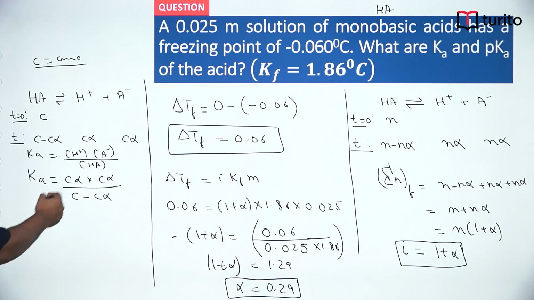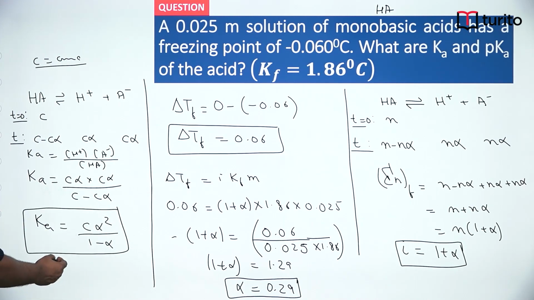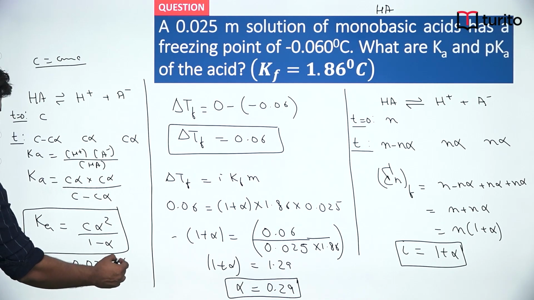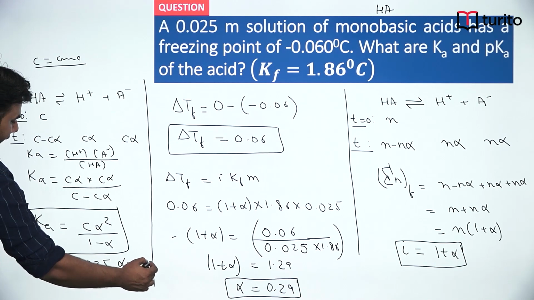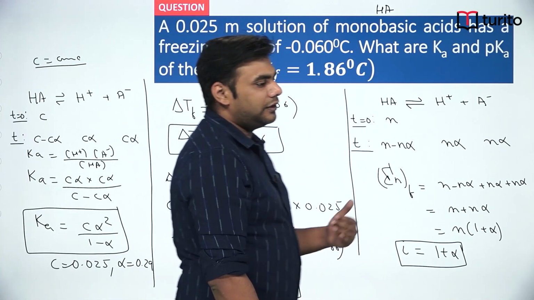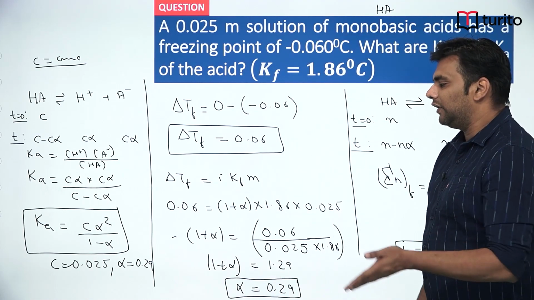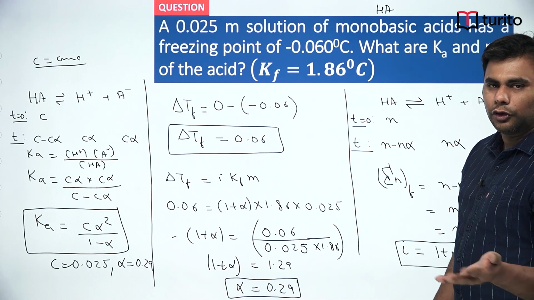So these values we know, so we can write Ka as C alpha square upon 1 minus alpha. Now we have the value of C as 0.025, and alpha we know as 0.29. We cannot neglect 1 minus alpha as 1, because 1 minus alpha would be a considerable value over here, because alpha is 0.29, approximately 0.3.